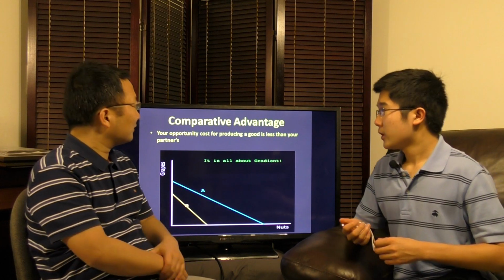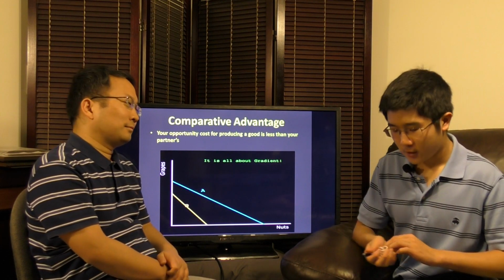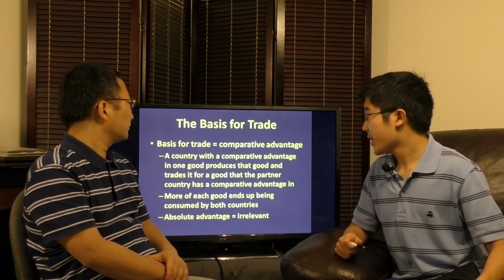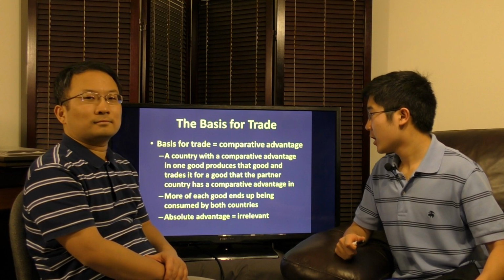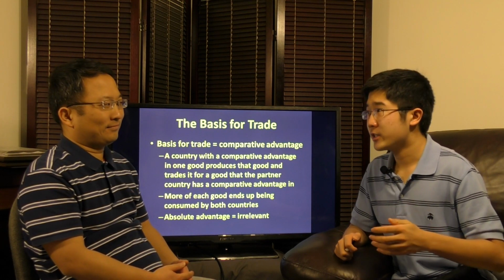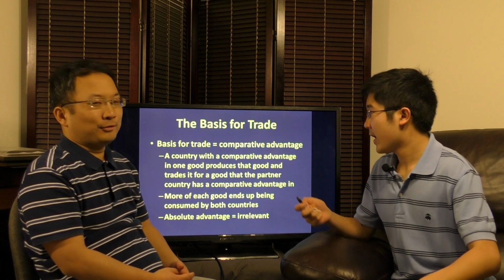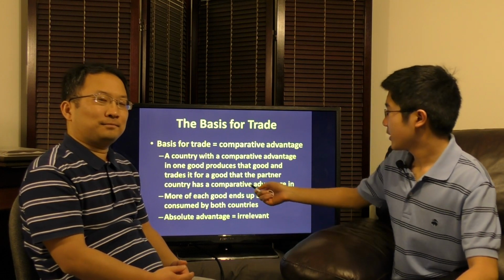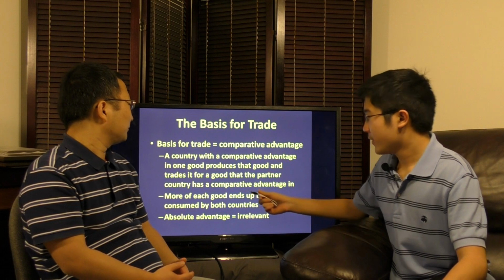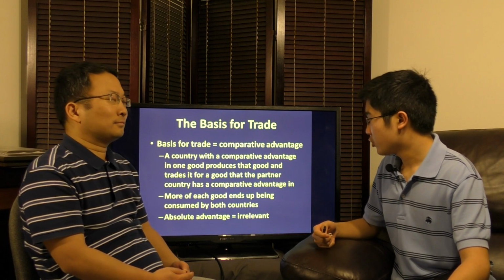As Michael has implied, comparative advantage is the deciding factor in trade. The basis for trade is comparative advantage. Each country produces what it has a comparative advantage in, what is relatively cheaper for each country, and then they trade. At the end of the day, based off of comparative advantage, more of each good can be consumed by both countries.